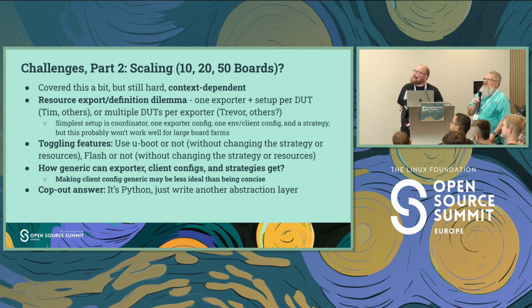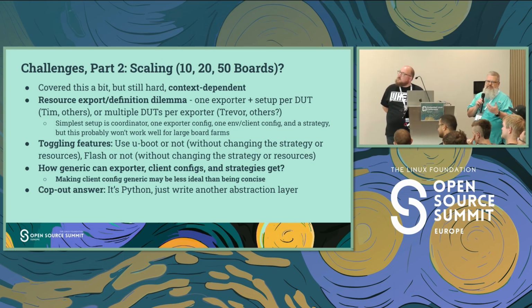We also found toggling features. So I've got images where U-Boot doesn't have a prompt, it does have a prompt, it needs a password, things like that. Or maybe I want to flash or not flash. Like Trevor's example of not using TFTP, but using just the eMMC that was already there type of thing. And then we kind of asked ourselves a question of how generic could these exporter and client configs and strategies be, right?